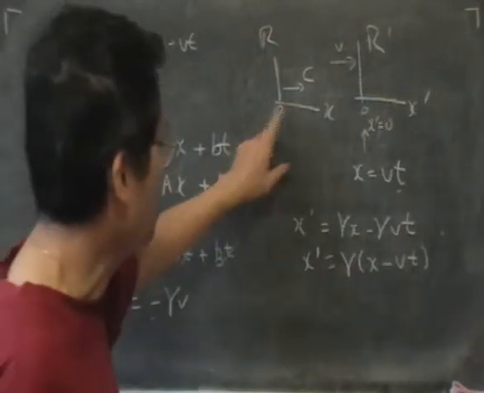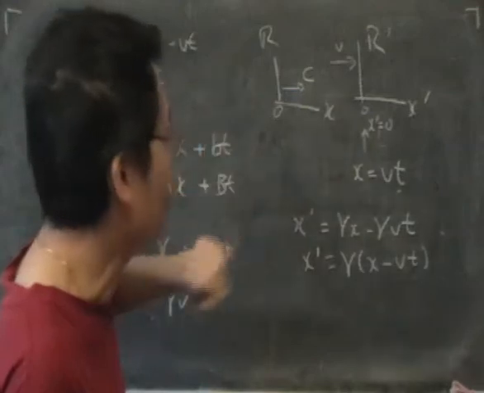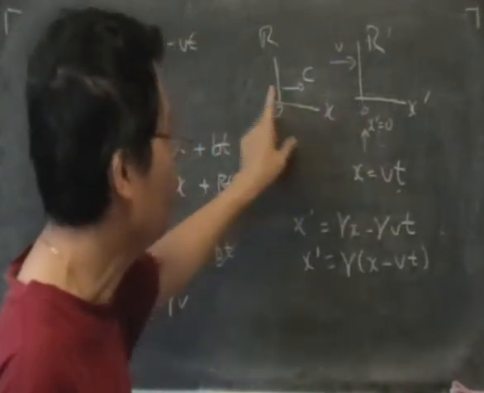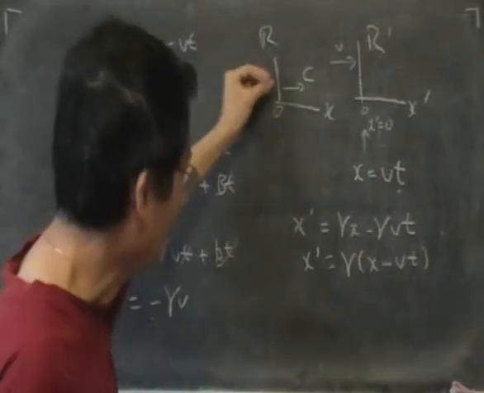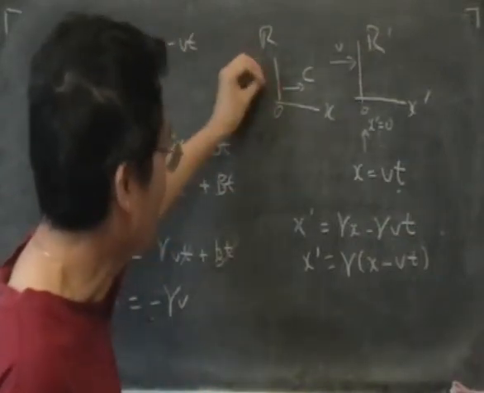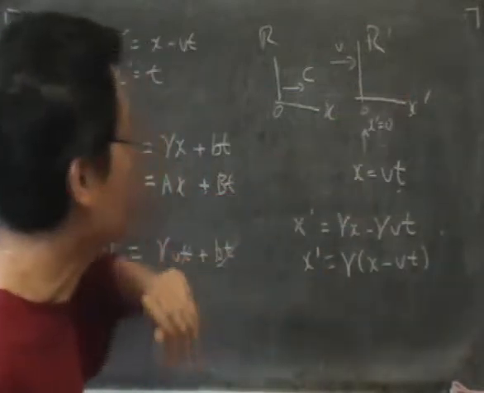Now at time t equal to 0, both these origins coincide. Alright, and then I switch on the light and the light starts moving in that direction.